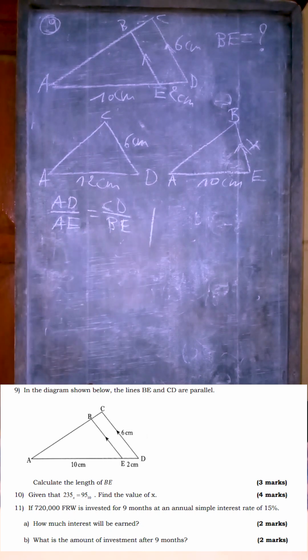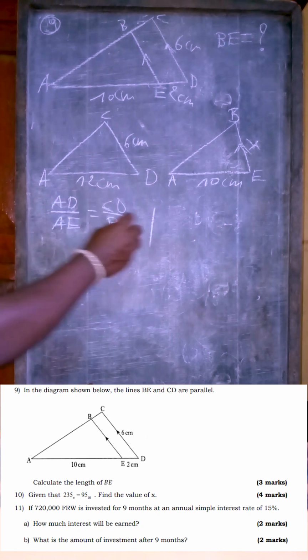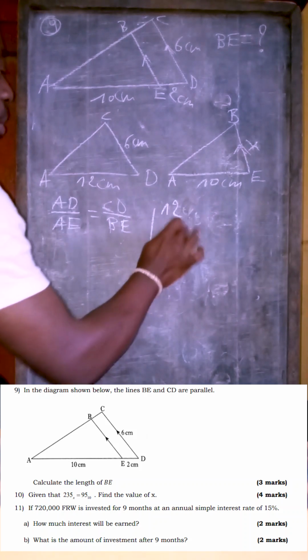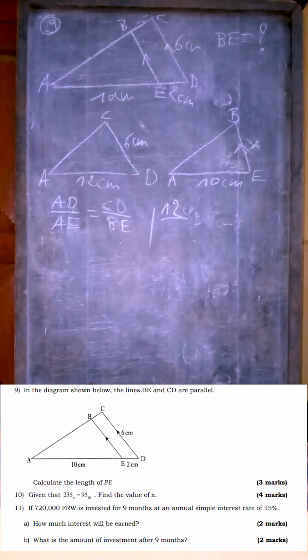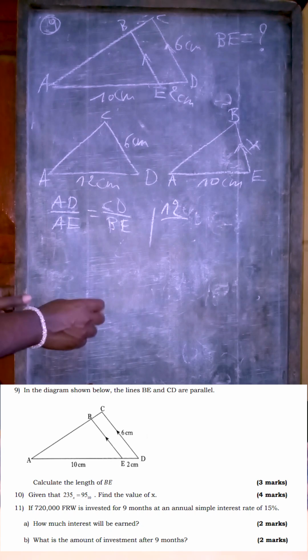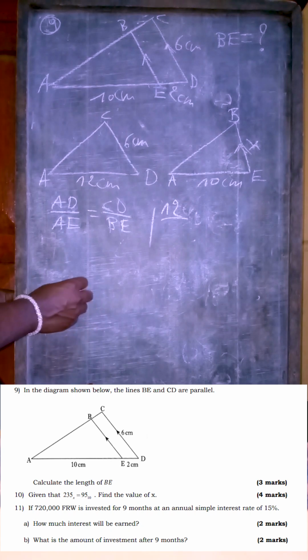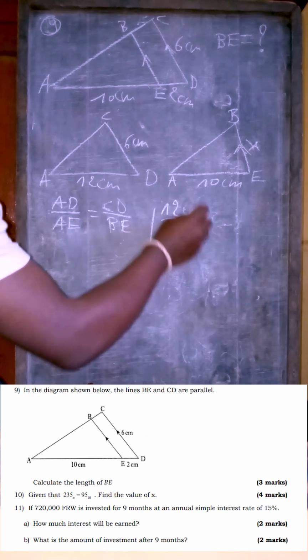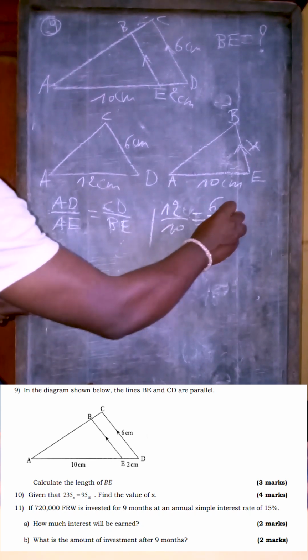Therefore AD is equal to 12 centimeters. Let me write 12 only; centimeters has to be written at the end of the question. 12 over 10 is equal to 6 over x.